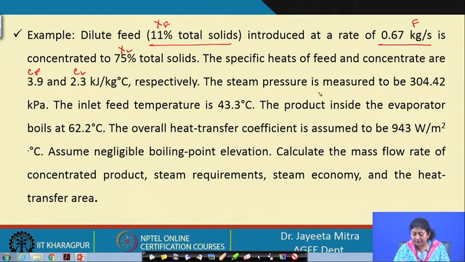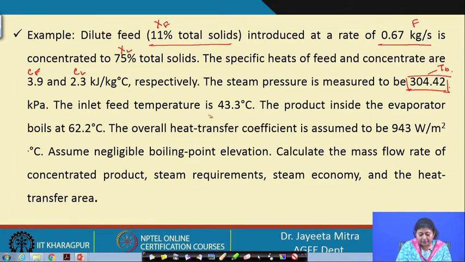The steam pressure is measured to be 304.42 kilopascal. So, what we need to know is that at 304 kilopascal we will refer to the steam table to identify what will be the Tb, or saturation temperature, at this pressure.